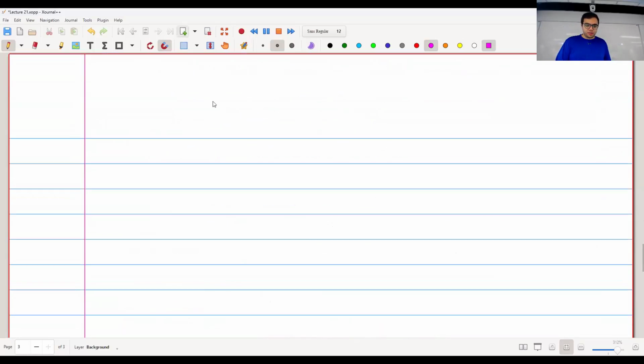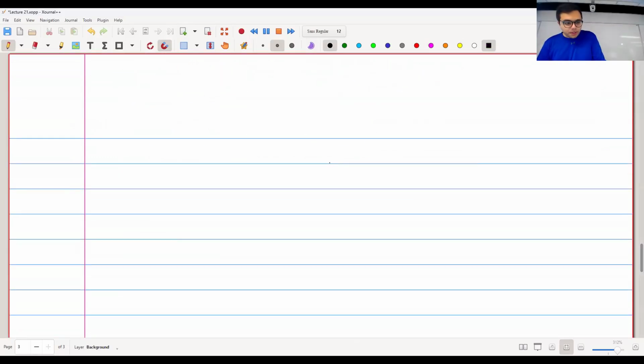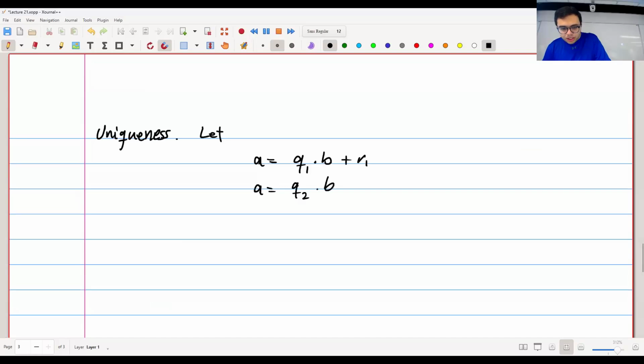Okay, so let's do this. This is the uniqueness part. Again, I'm going to say, suppose this is not the case. Suppose I have two different solutions. So let A equal Q1B plus R1 and A equal Q2B plus R2 be two different solutions.